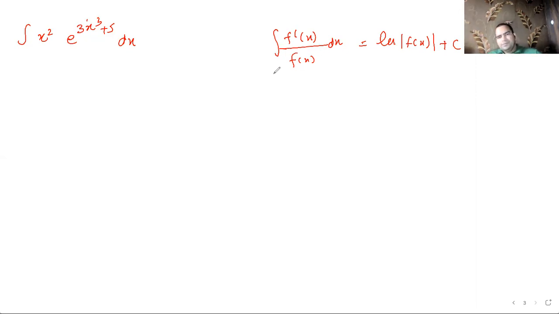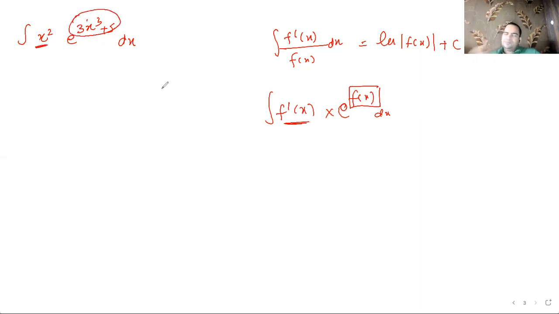Now, for example, if I have f dash x here times e to the power f of x or something like that, I can still substitute for f of x as some other variable. So if you have a given function with its derivative here as a multiplier, you can substitute something whose derivative is a multiplier.